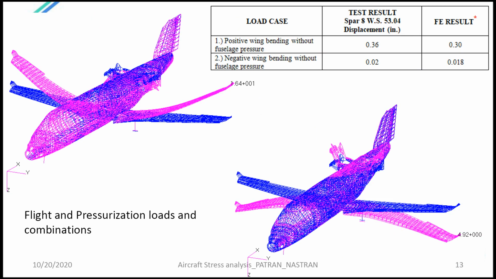And then what I achieved is the positive bending and negative bending. When I correlated the results against the tested loads, they tested this aircraft in the test laboratory for the same bending case, and the results were really close.